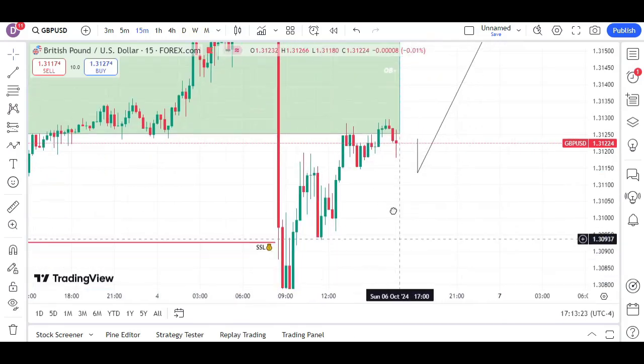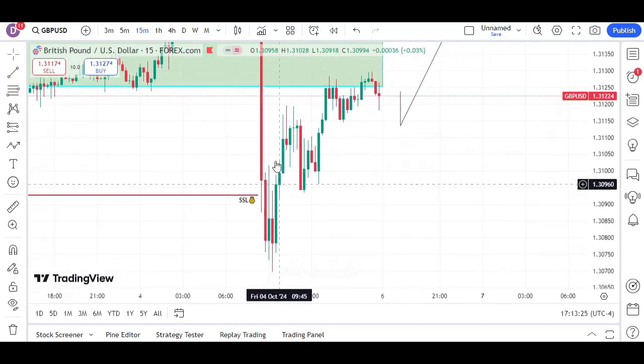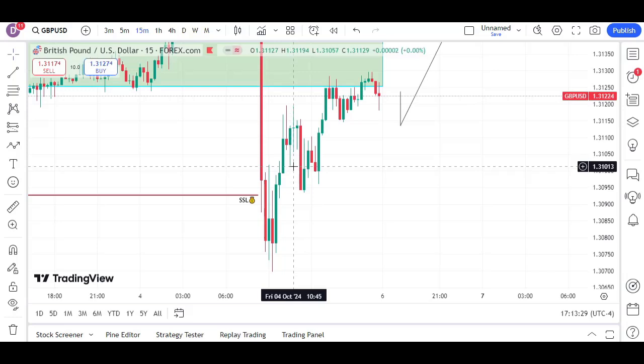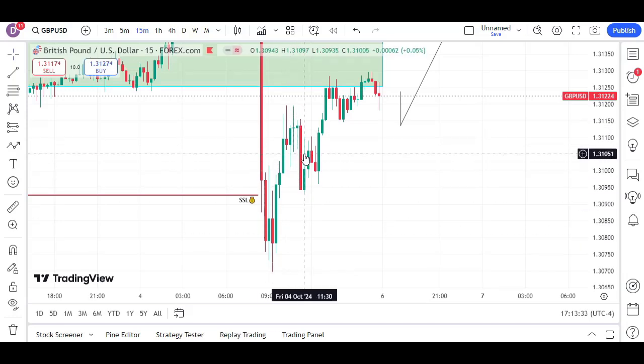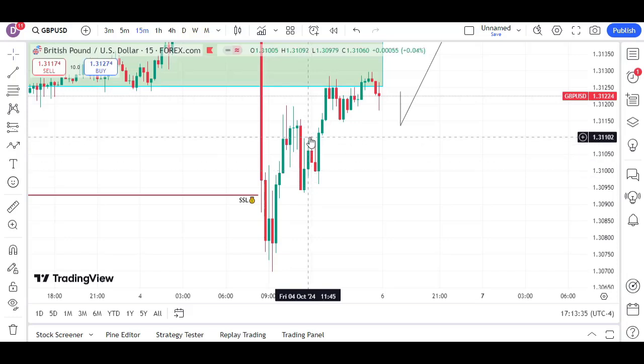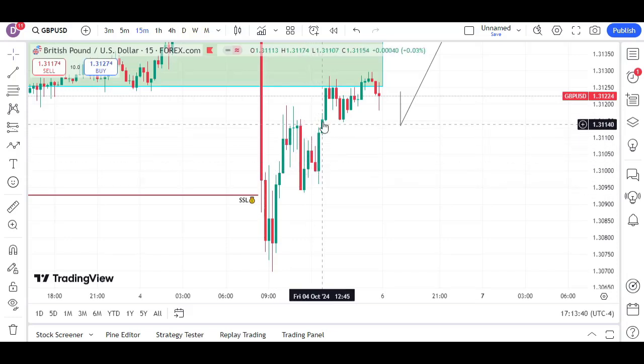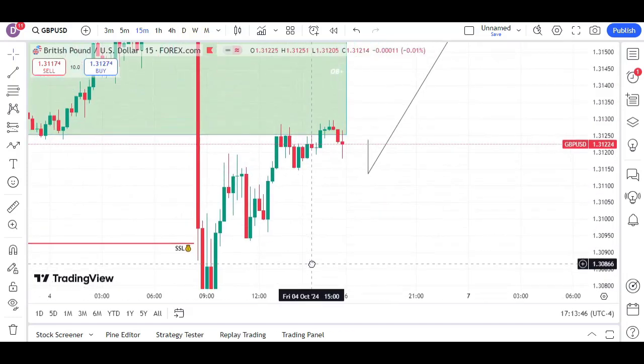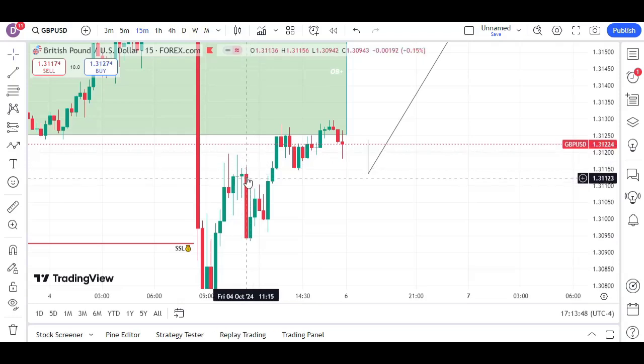Sell side liquidity was taken, and then we retraced up, creating this high, and then we took out this sell side liquidity again. Then boom, we created a swing high, and price took out this swing high. Noting that this is also another block right here. This is another block.